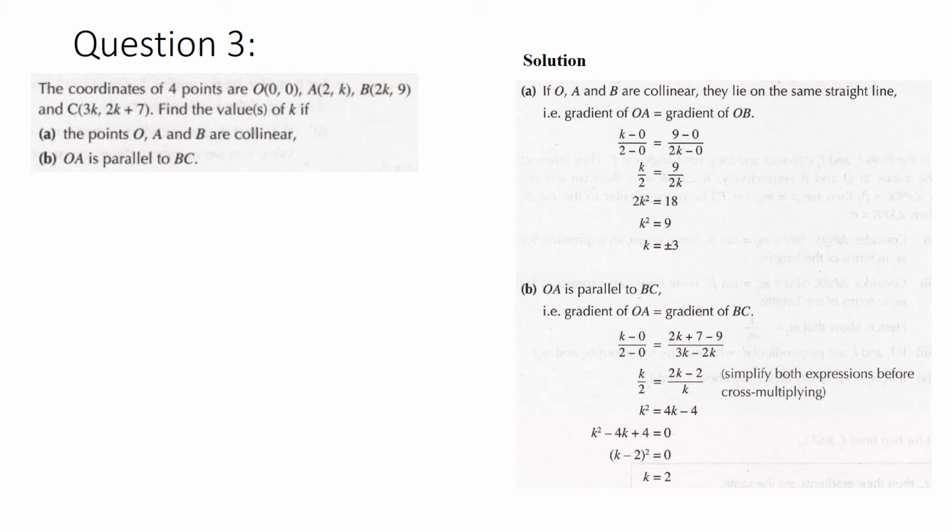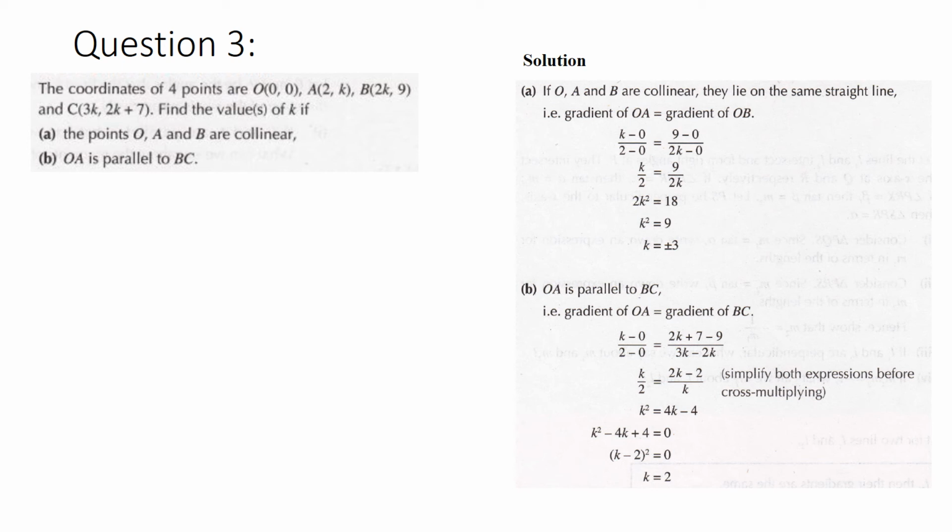If O, A and B are collinear, it means they lie on the same straight line and they will have the same gradient. That is, gradient OA will be equal to gradient OB. So on calculating gradient OA and OB, we will have k minus 0 over 2 minus 0 equals 9 minus 0 over 2k minus 0.